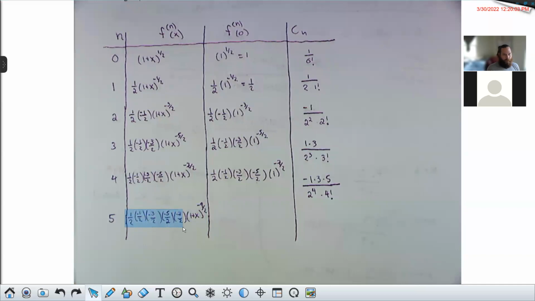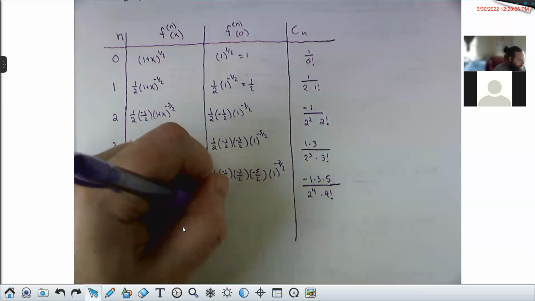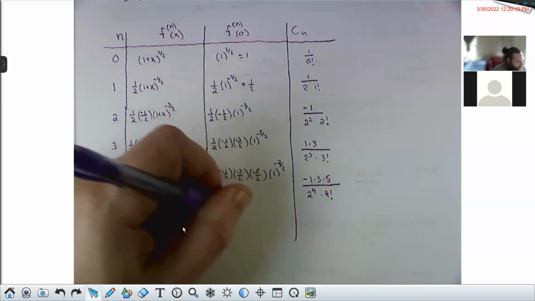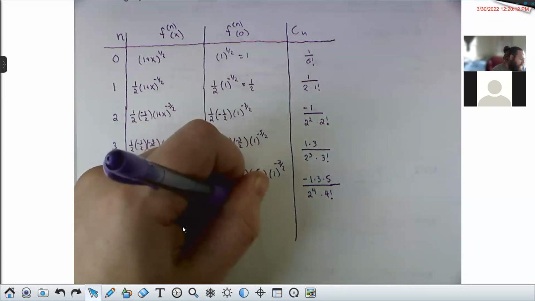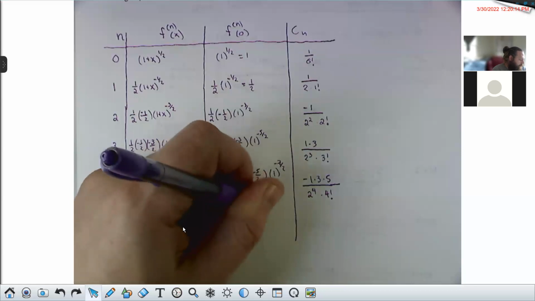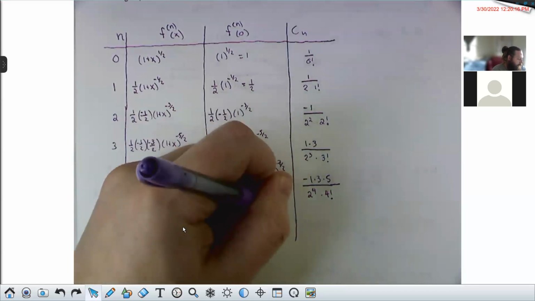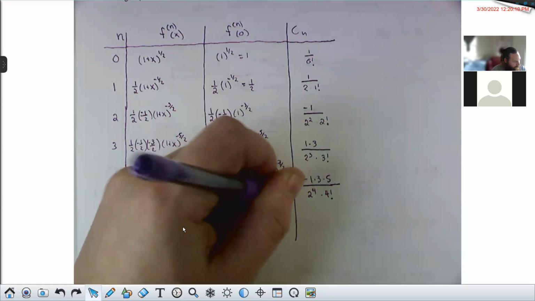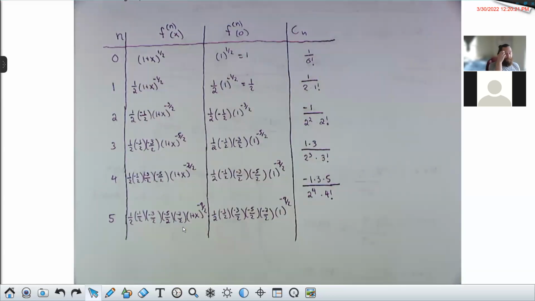You just get this crazy product out front. 1/2, negative 1/2, negative 3/2, negative 5/2, negative 7/2. And this is going to be 1 to the negative 9/2, which is just 1. I just need to look at these and then divide by 5 factorial. Downstairs, I have 2 times 2 times 2 times 2 times 2, which is 2 to the 5. Let's start there.